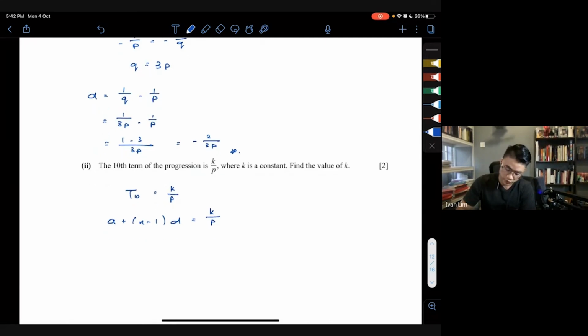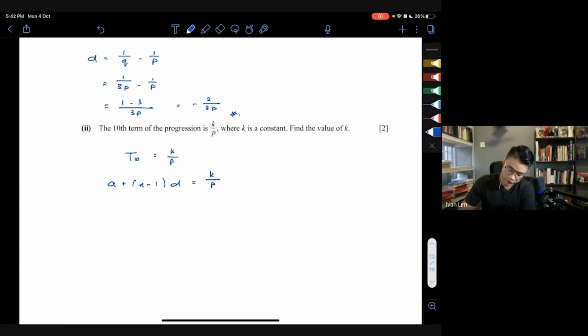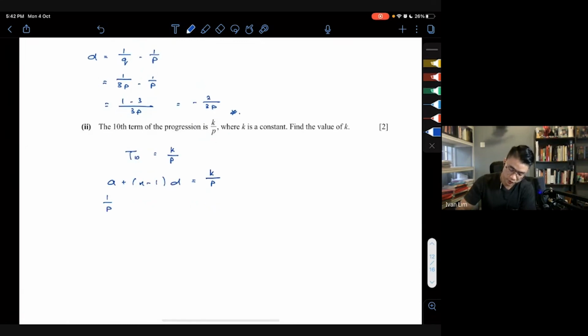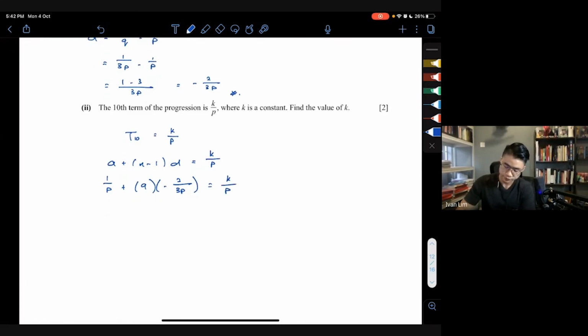Okay, what do we get for A? Given to us in the question, the first term is 1 over p, plus n minus 1 d will be 9. D we found is negative 2 over 3p in the previous question, equals k over p. Okay, so just write it down first, whatever you all have, because sometimes you may see it initially and think, why so many unknowns?